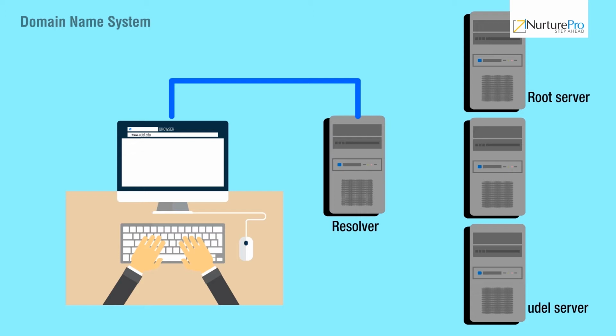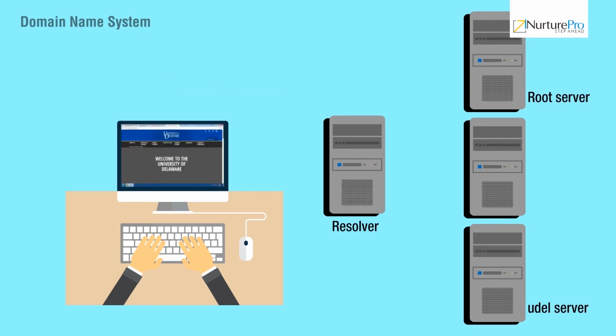It's 128.175.13.92 back to the resolver. Then the resolver sends its request to the www.udel.edu server. The udel server responds to your request and the website will be displayed on your screen. This is how a domain name is mapped with an IP address.